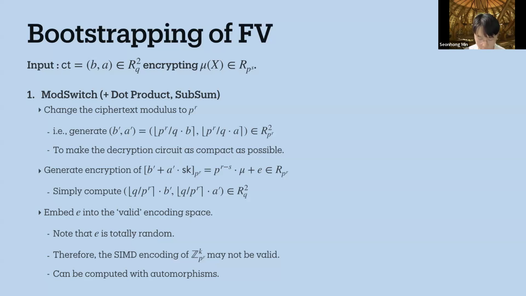Recall that we only encode the message into the constant term of the finite field, but since E is random, there is a high probability that E will not go into a vector of constant terms. So we have to use the automorphisms to get rid of the redundant terms of E and make it into some kind of valid encoding.